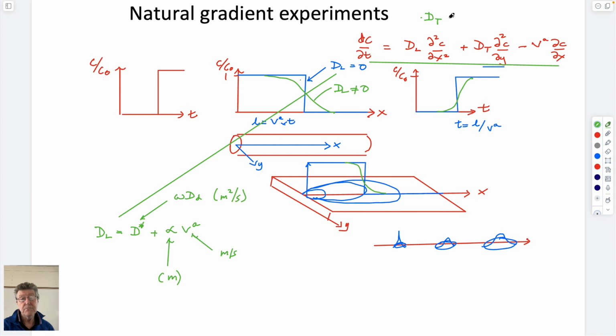Transverse dispersion might be a third of the longitudinal dispersion. We kind of saw that because we looked at some results, and this length for our plumes that we looked at was maybe larger than this length.